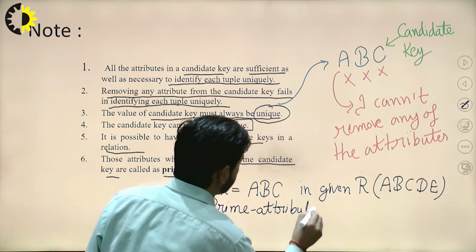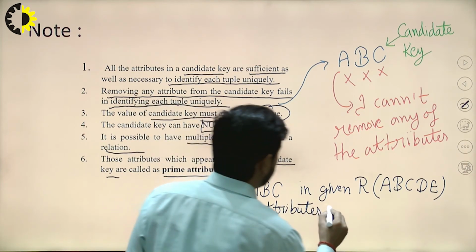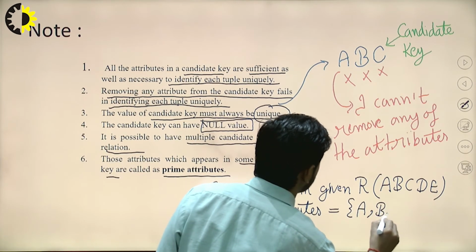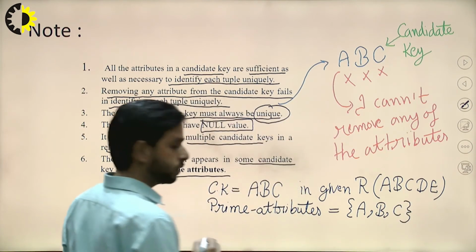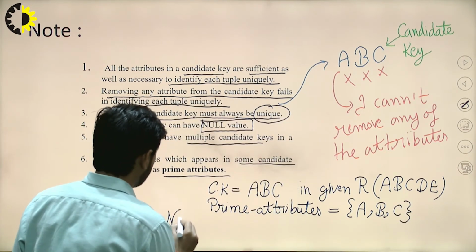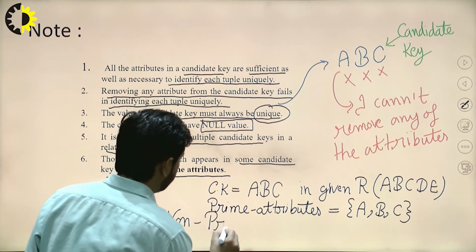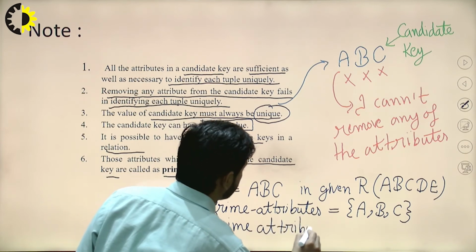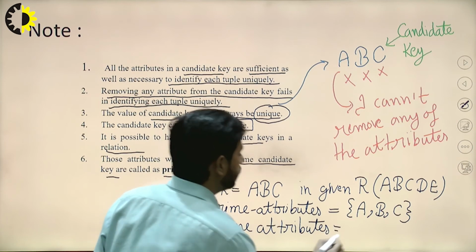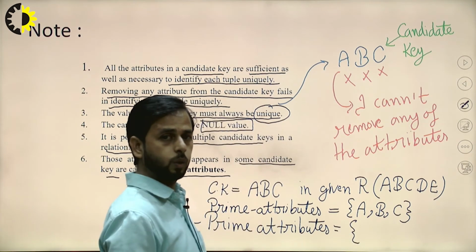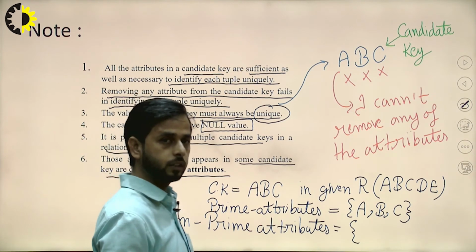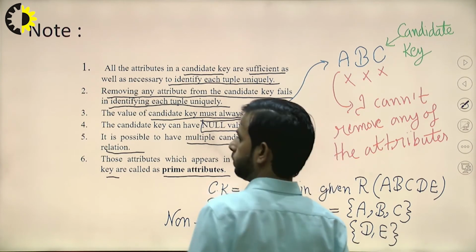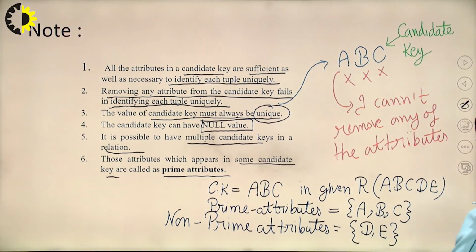There are two types of attributes. One is prime attribute; here the prime attributes are A, B and C. The other type is non-prime attribute. Non-prime attributes are those attributes which are not included in the candidate key. So D and E are the non-prime attributes.